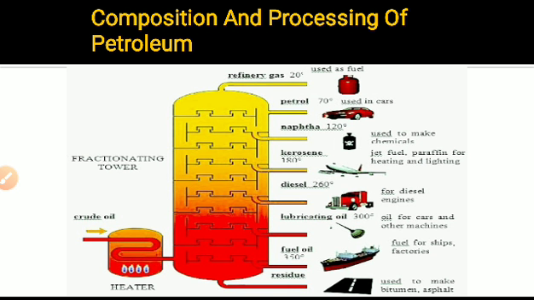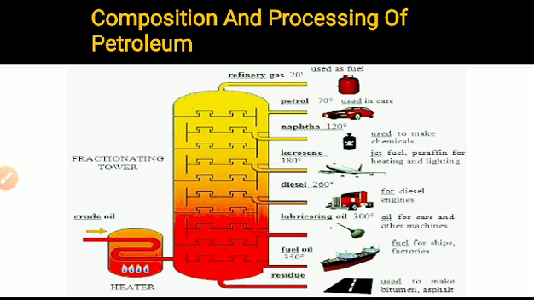This is removed at 350 degrees Celsius. This fuel oil is used as a fuel for ships and factories, and at the bottom there are some residues which are removed. That residue is heavy oil.